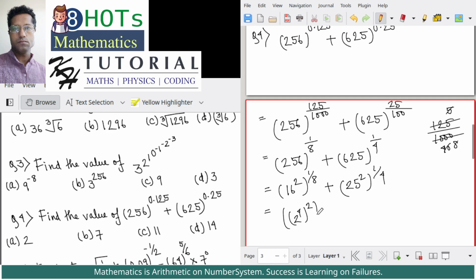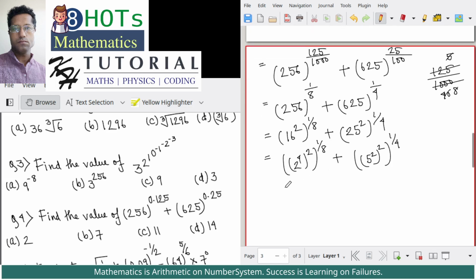So this square, and then again I have 1 by 8 plus 25 square. 25 is 5 square, and I have 25 square. So 5 square raised to the power 2, and this whole raised to the power 4. Okay.